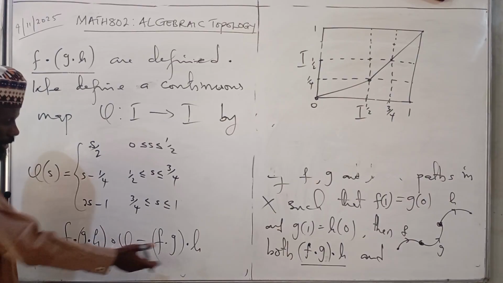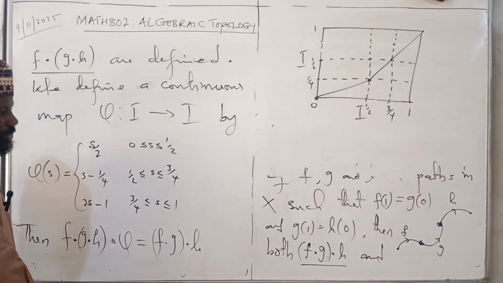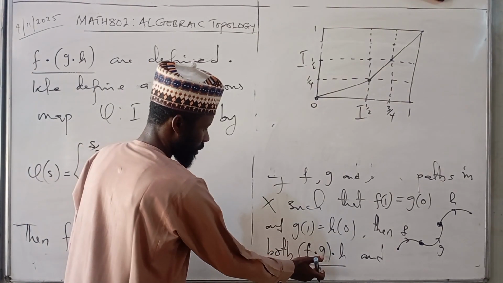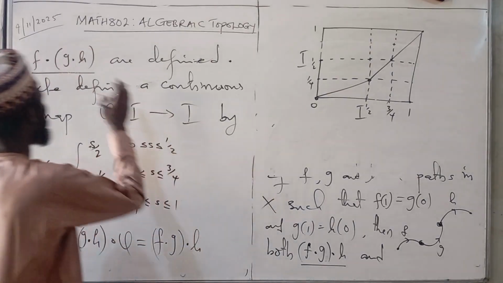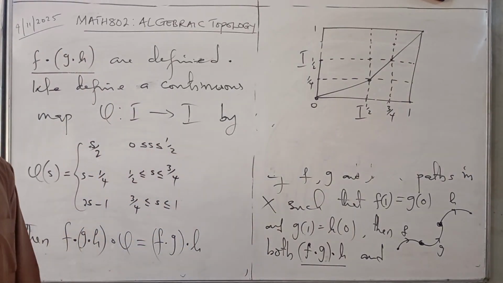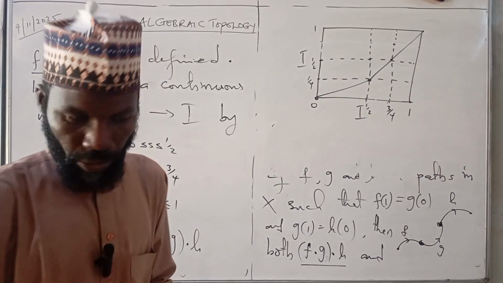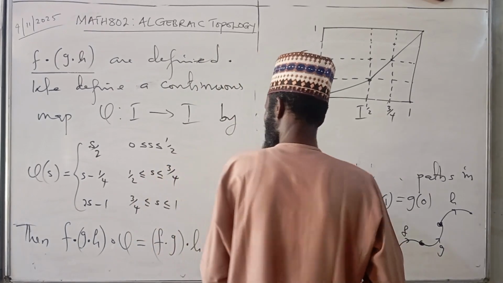Do this composite and see that it is equal to this, which means this composite here is a reparameterization of this composite. Okay? So that's what we are having.